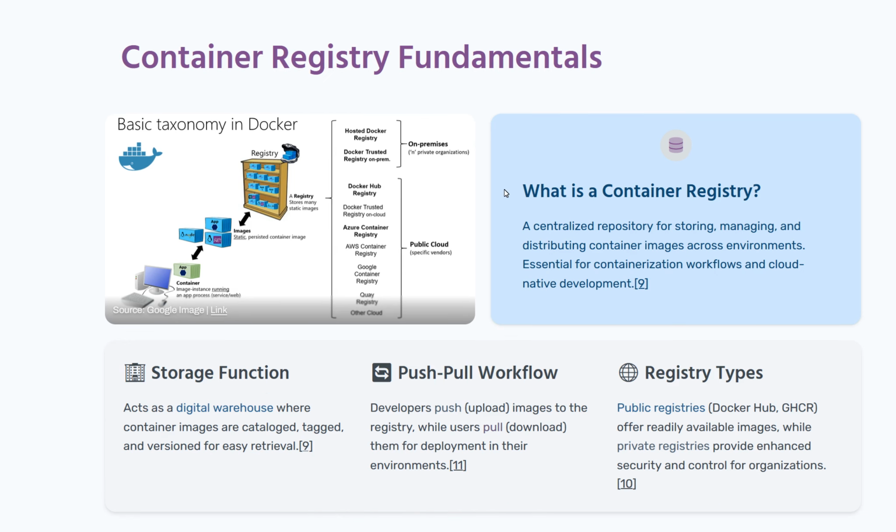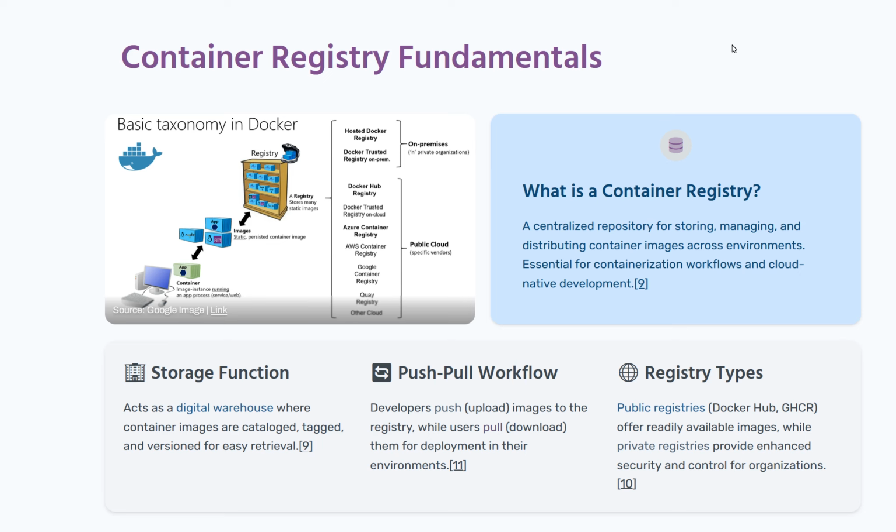All right, let's have a look at container registry fundamentals. So, basic taxonomy in Docker, right? What are these Docker containers? So what is a container registry? A centralized repository for storing, managing, and distributing container images across environments, right? Essential for containerization workflows and cloud native deployment.